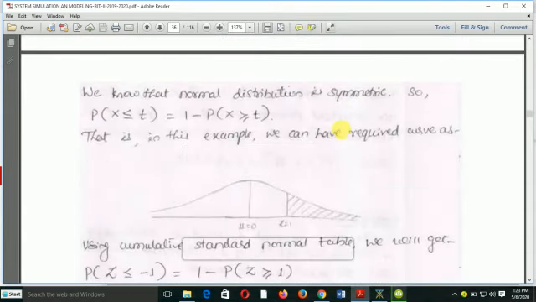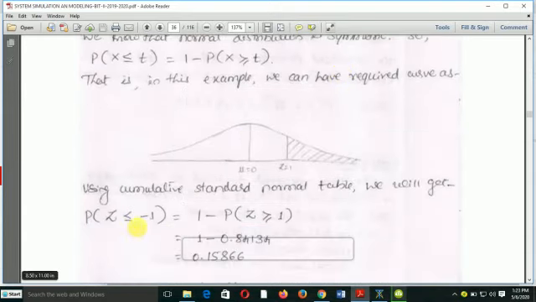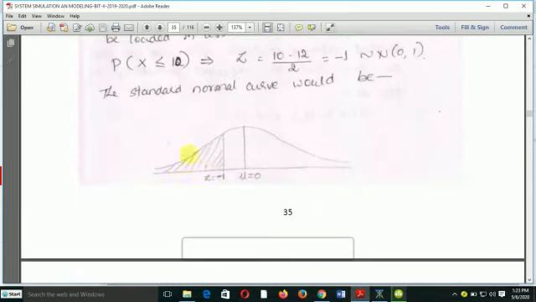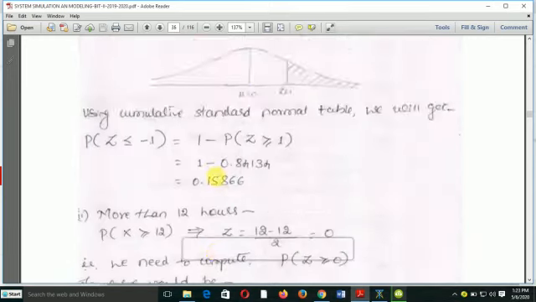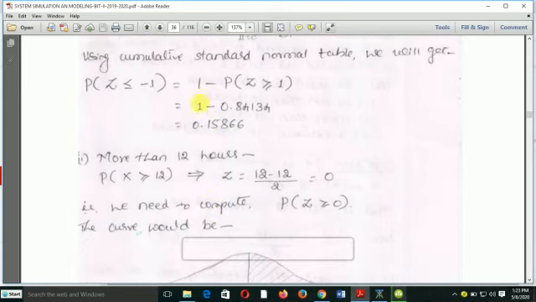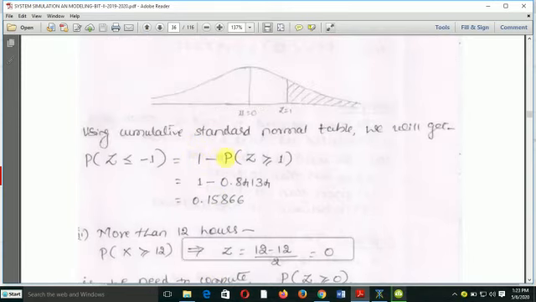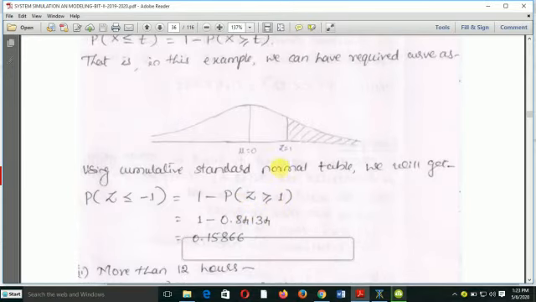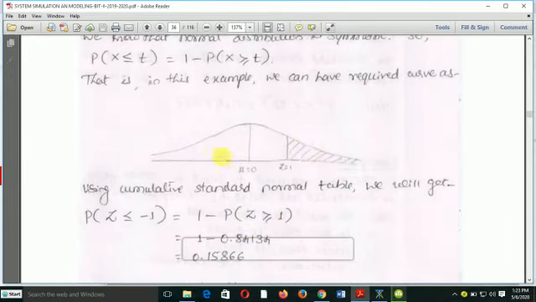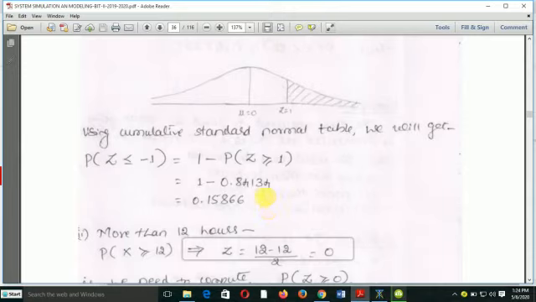So P(Z less than or equal to minus 1), which is this part, will be equal to 1 minus P(Z greater than or equal to 1), which is this one. So this part here will be equal to this part. But what do we have to do? We have to take 1, which is the maximum, subtracting the opposite side. So we will find what we are looking for.